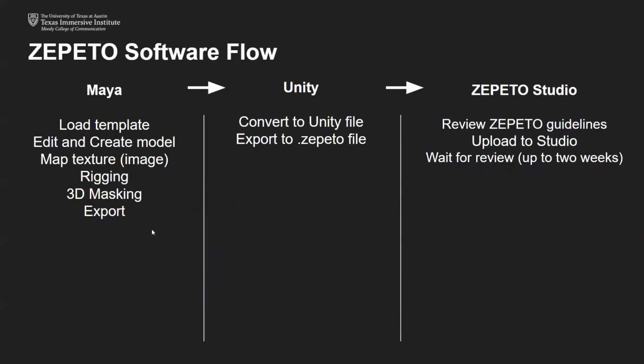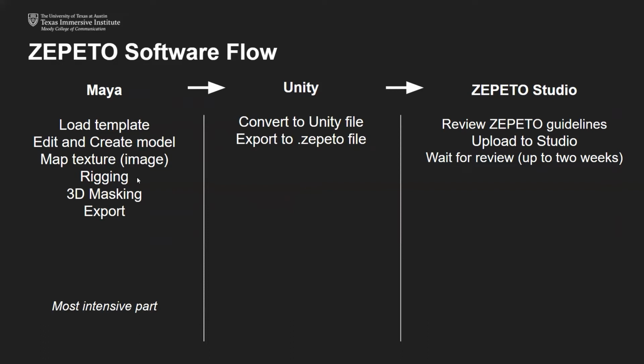The workflow for this, and this is typical for a game environment, is you will create the 3D objects in an editor like Maya or Blender. And this is pretty intensive, especially when it comes to Zepto. Well, it's the most intensive part.